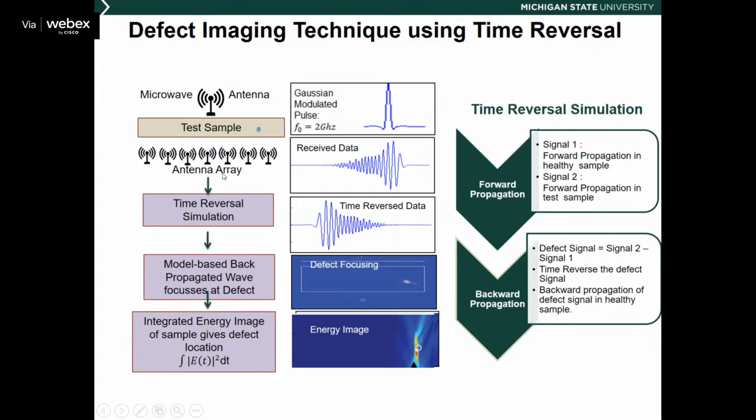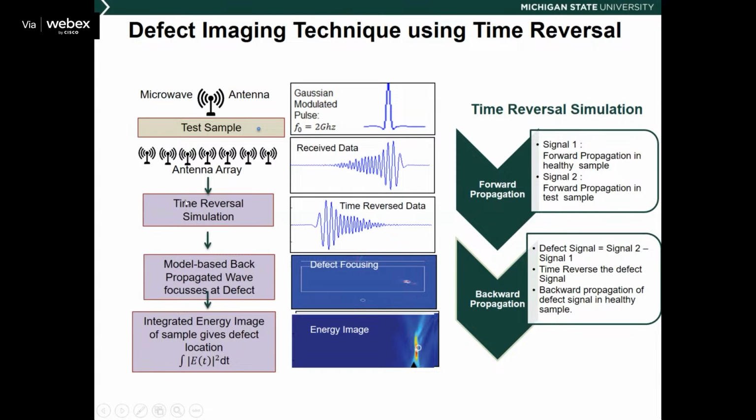You can treat this receiving antenna array as a new transmitting array using the time reversal technique. So you send a Gaussian modulated pulse here at center frequency 2 gigahertz. You receive data, you time reverse it, you just flip it over time, then you propagate this back.